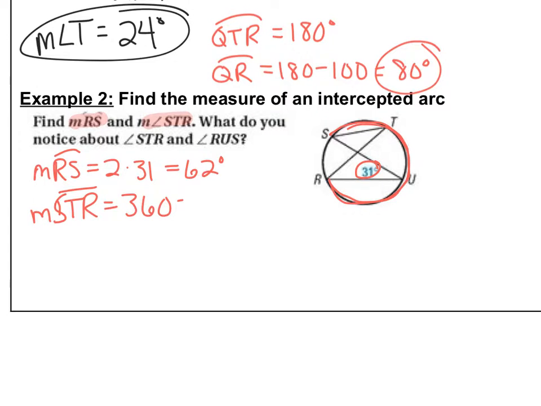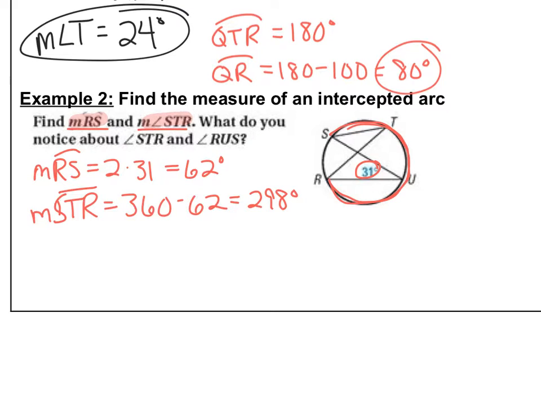Let's back that up here a little bit. Minus 62, which will be 298. So we notice that RS is 62 degrees, and then the STR is going to be 360 minus 62.